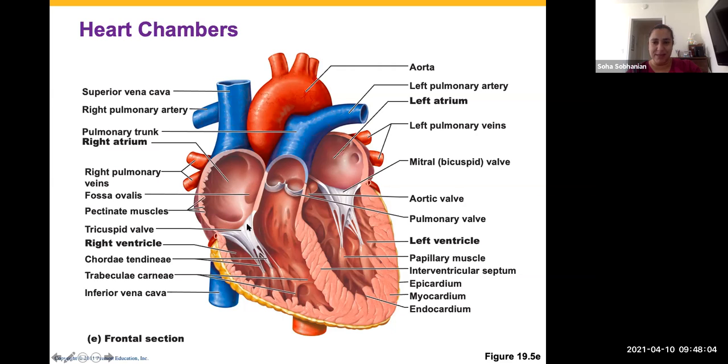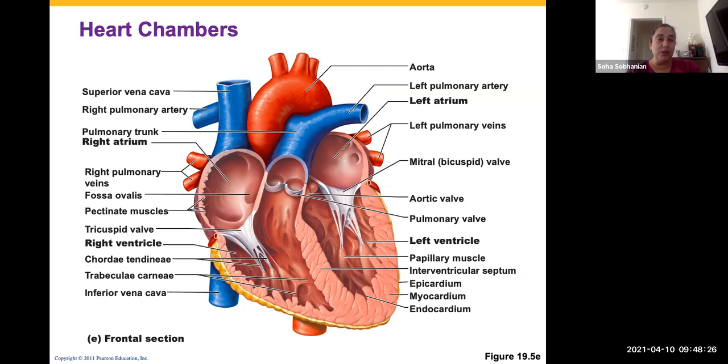As I squeeze the right ventricle, blood goes up through the pulmonary trunk. As soon as I relax my right ventricle, blood wants to backflow to my right ventricle.